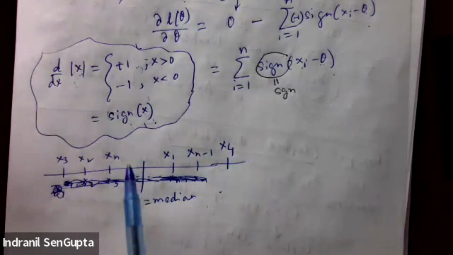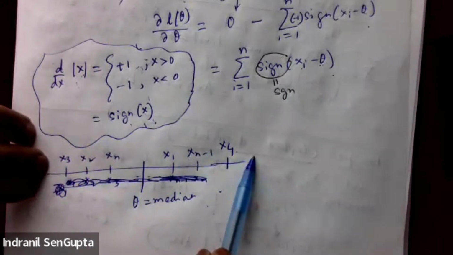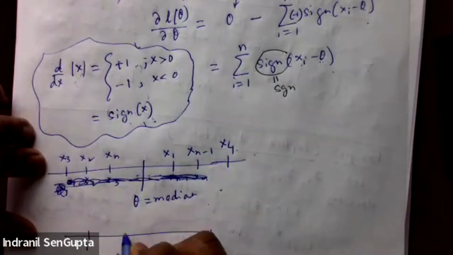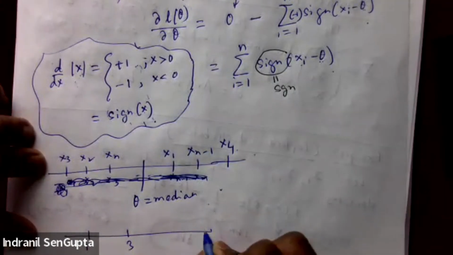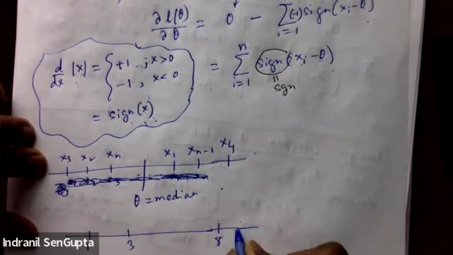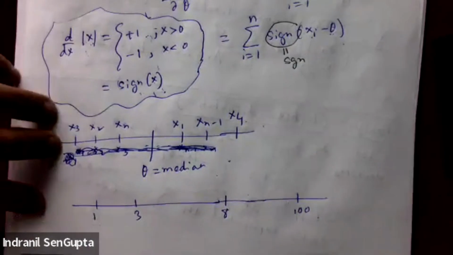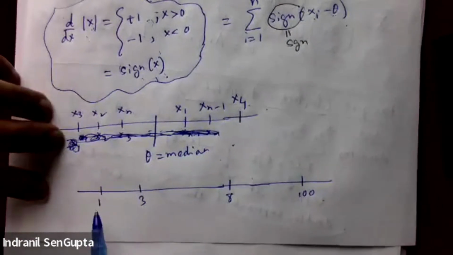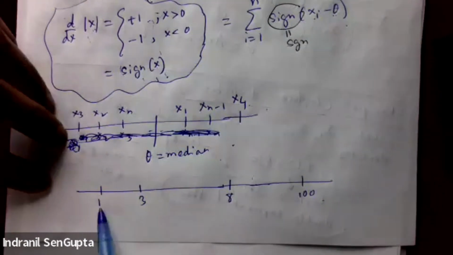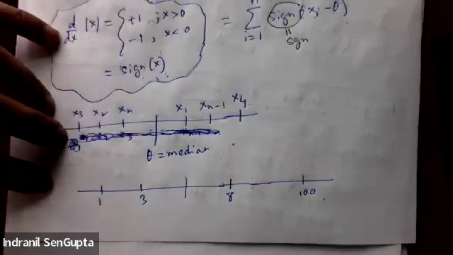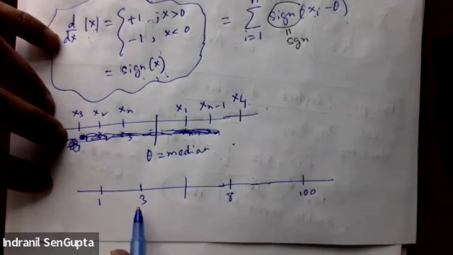If there are an even number of values, so suppose we have 4 numbers, maybe 1, 3, 8, and 100, then the median should be somewhere in between, the midpoint between 3 and 8.